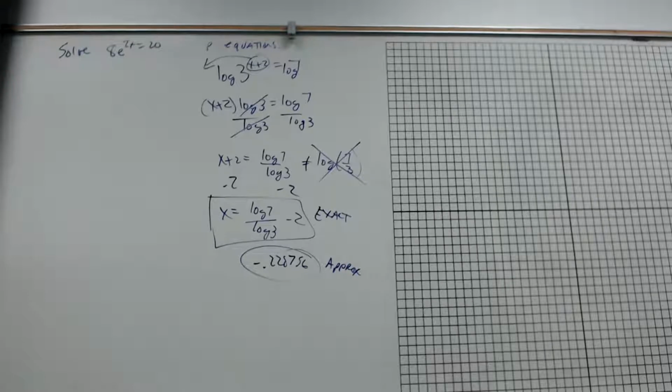I don't know. That might have been your correct answer, but it won't be my correct answer. Do we have any phone a friend who wants to help solve that? Glenn, do you want to help? Would you just essentially do the same thing you did for the last equation? We would, but that darn 8's in the way, right? Gotta get rid of that 8 first. So, Mauricio, how could I get rid of that 8?